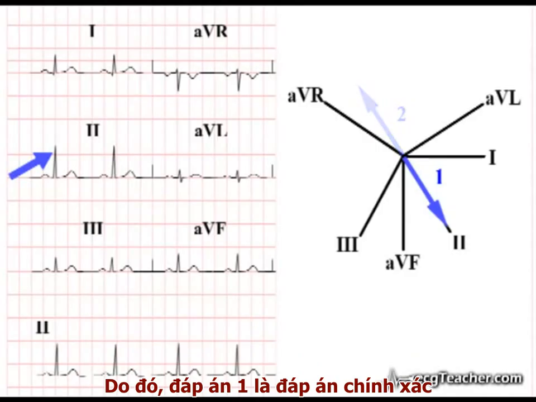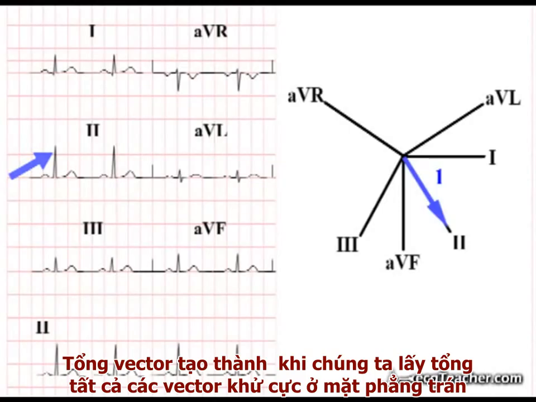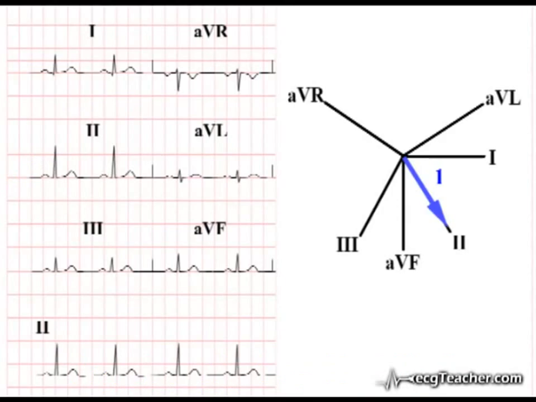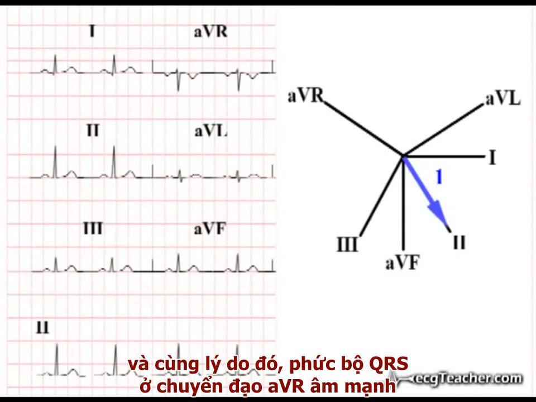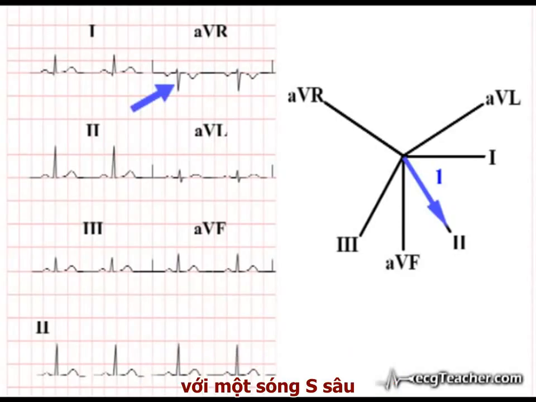Therefore, option 1 must be correct. The total vector generated when we add together all frontal depolarization vectors must be traveling towards lead 2. Consistent with this, the QRS complex in lead AVR is strongly negative, with a deep S wave and little R wave activity.